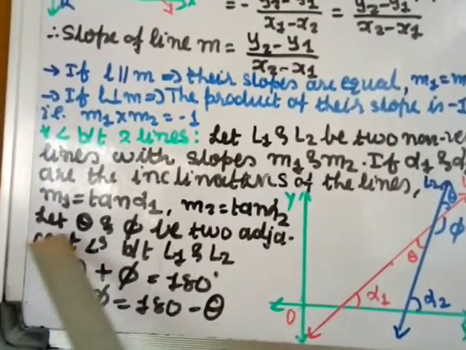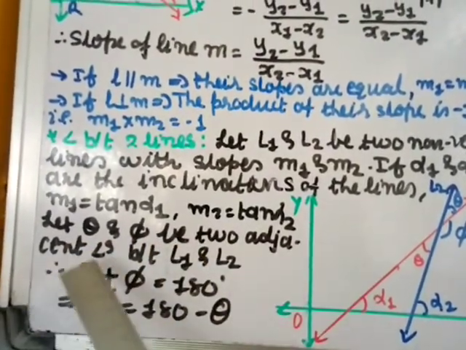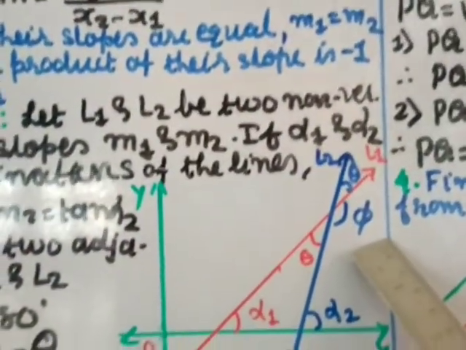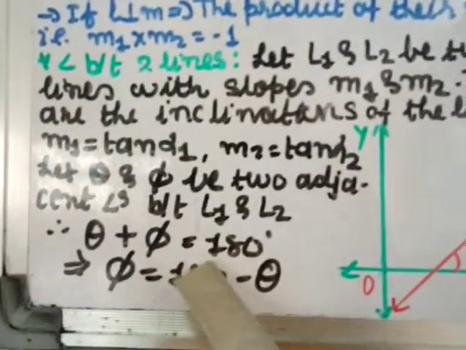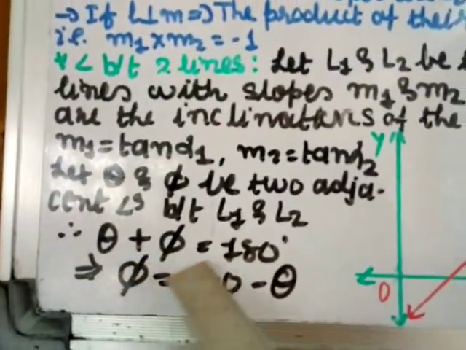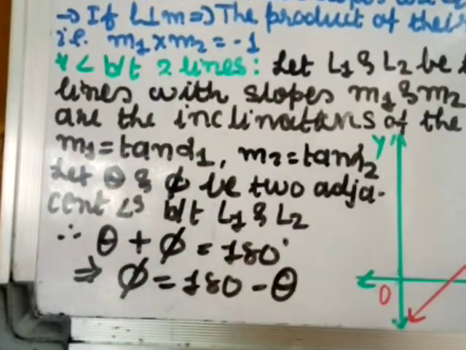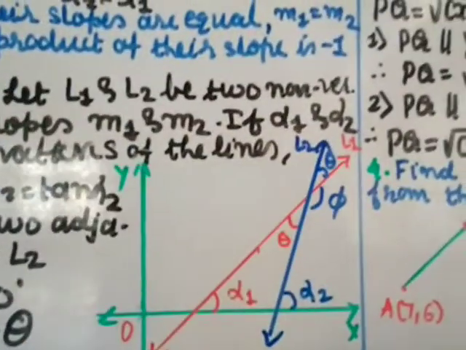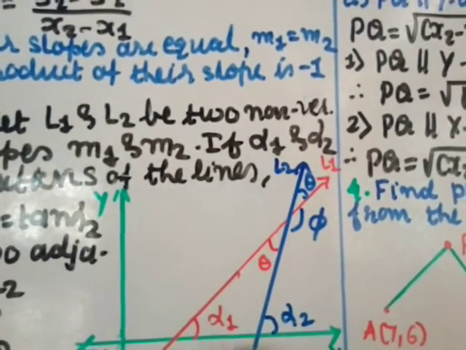Let theta and phi be two adjacent angles between L1 and L2. Then the sum of them, since they are adjacent, their sum will be 180. So theta plus phi equal to 180. If you transfer theta over here, you get phi equal to 180 minus theta. Now in this figure, you can see that this is a triangle, right?